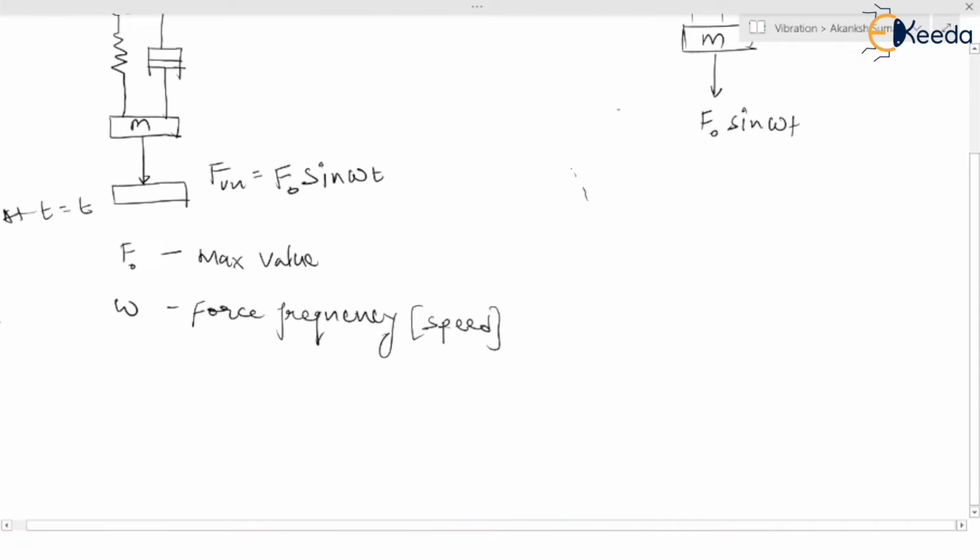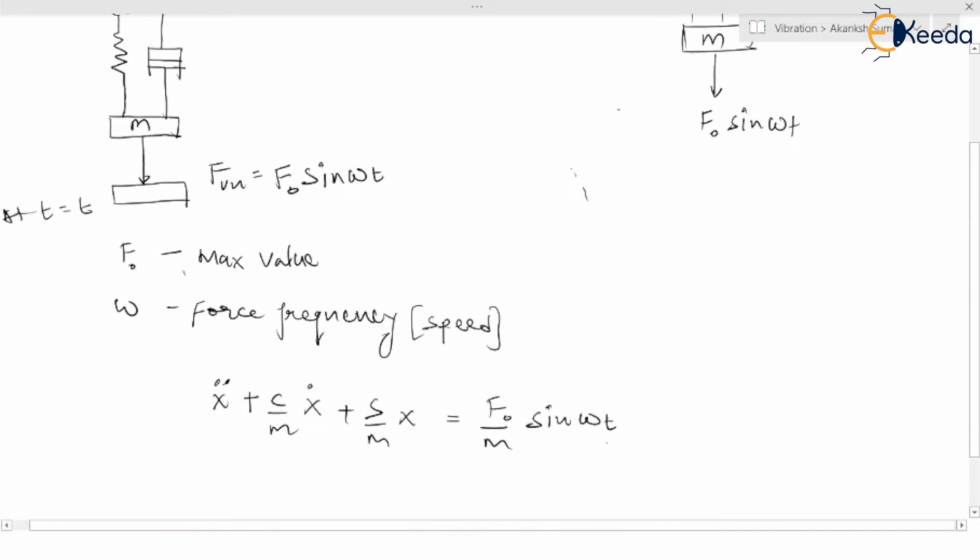So I'm going to write down the equation like that. It would be x double dot plus C by M x dot plus S upon M x is equal to F naught upon M sine omega t.